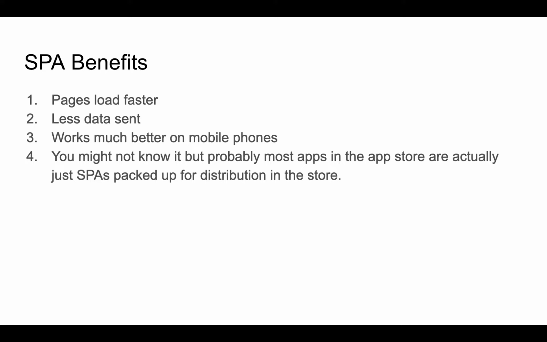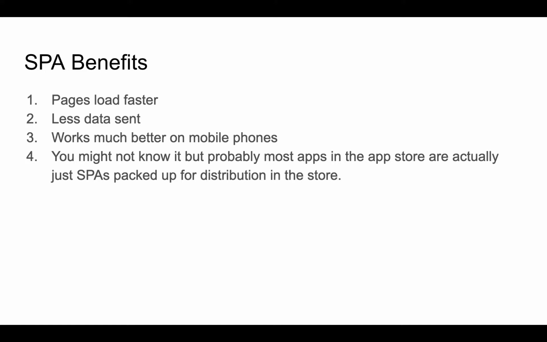And today, which you might not know, probably most of the apps in the app stores, in the Android store or iOS store, are actually just single-page JavaScript applications that have been packed up for distribution in the store. The majority of the apps are just somebody who wrote a single-page application in JavaScript.